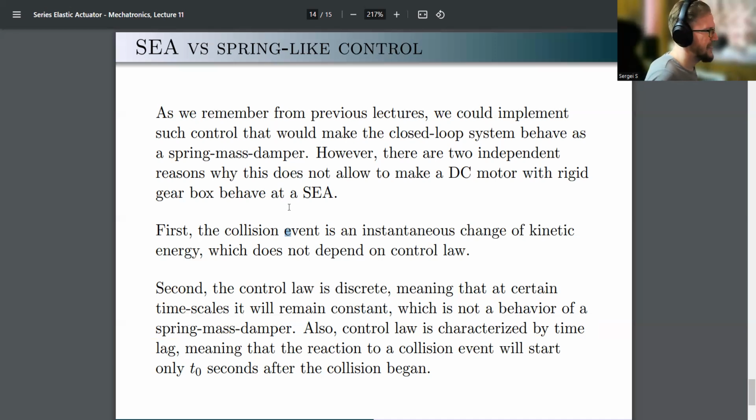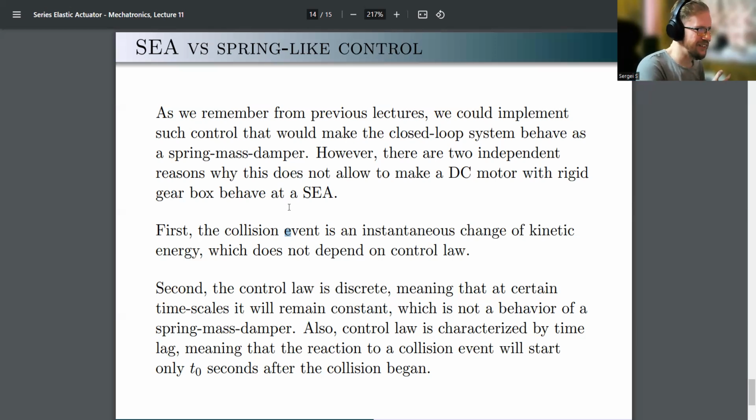So it kind of feels like, why not make the motor behave like a spring mass damper and not use series elastic actuators? We could just do it programmatically, right? Why make mechanical changes? And in fact, when you go to any class on collaborative robotics, what you would hear is people saying, this is a mechanical compliance, meaning that there are springs somewhere hidden in the robot, like a series elastic actuator.